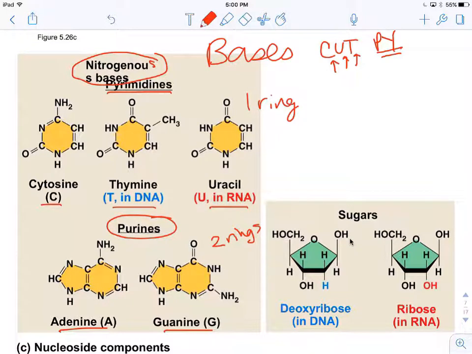So that's how I remember them. And one other thing is that thymine is only present in DNA, and uracil is only present in RNA. And you may be wondering, Dr. K, how do I tell the difference between DNA and RNA?